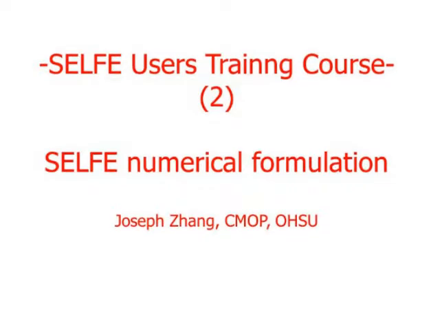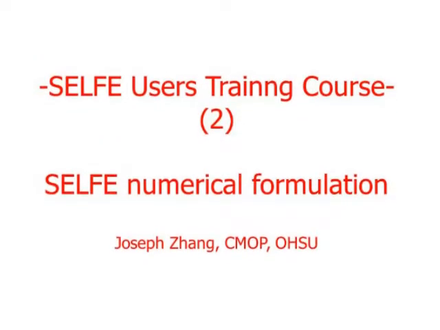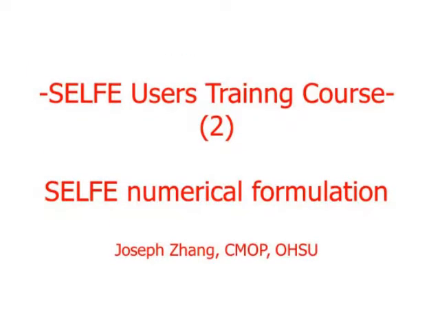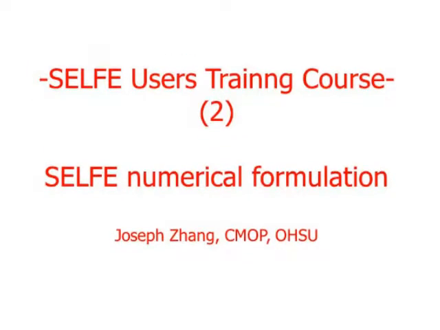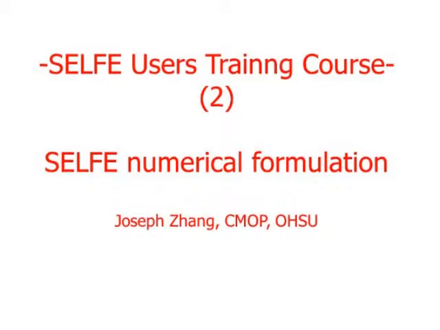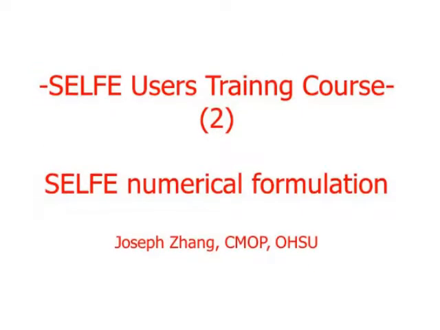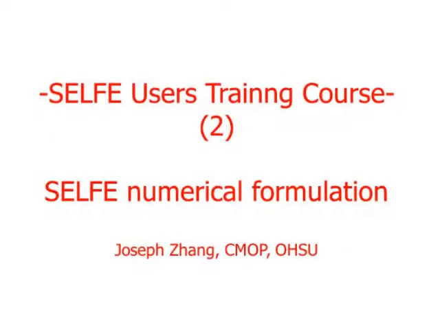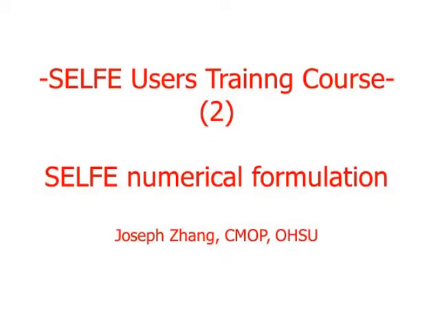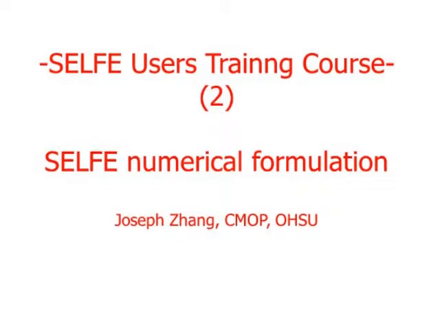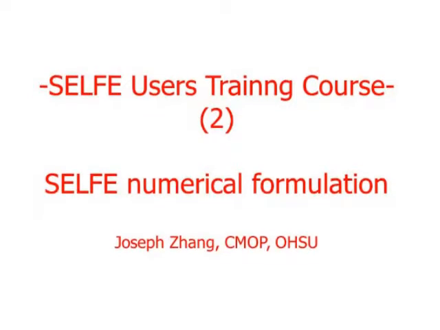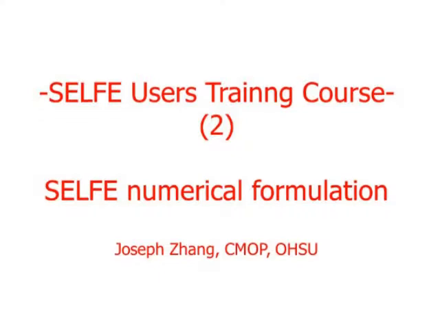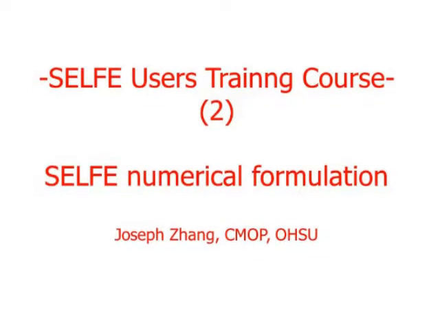So here is a quick summary of the SELFE model features. SELFE is based on a semi-implicit finite element framework. And because it's implicit, a number of equations are coupled. In order to solve them efficiently, we found a method to decouple the continuity equation from the momentum equation through the bottom boundary layer.